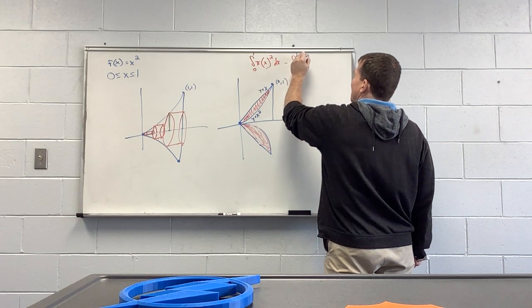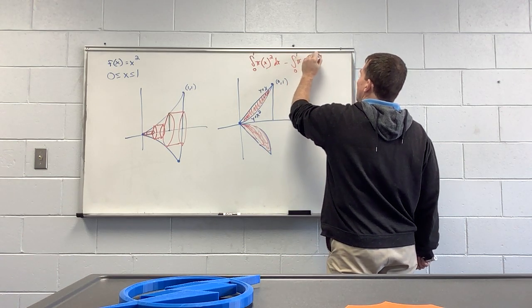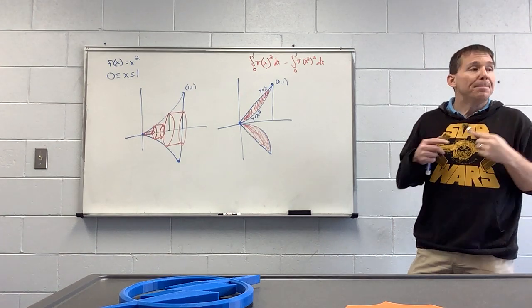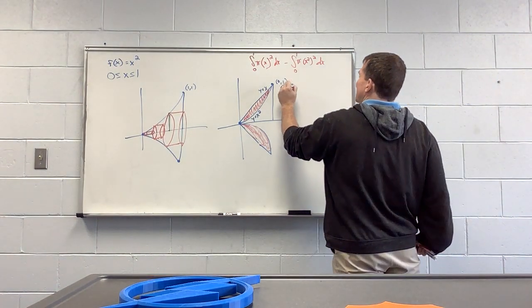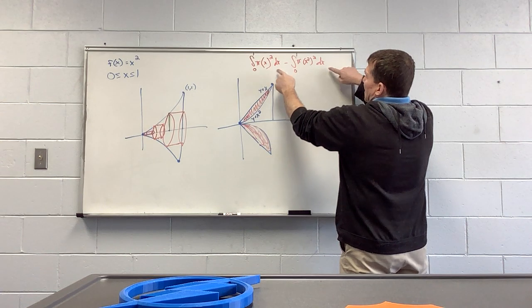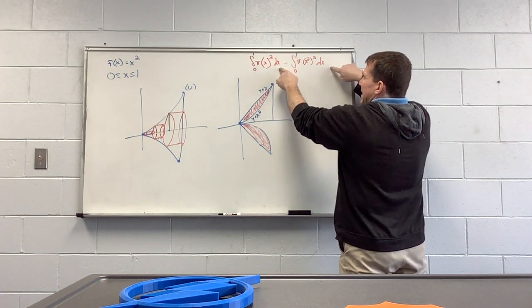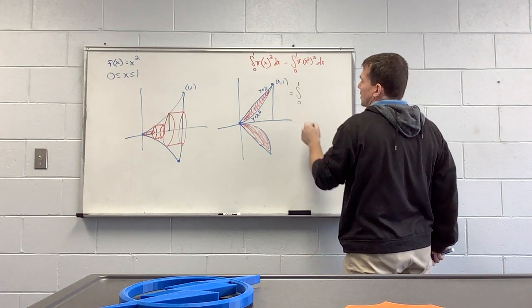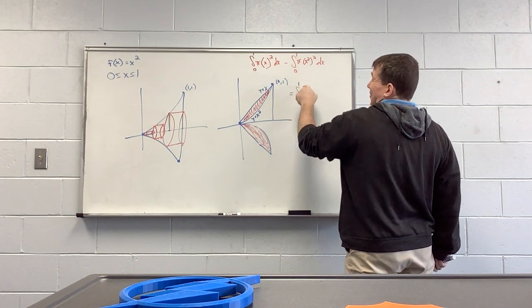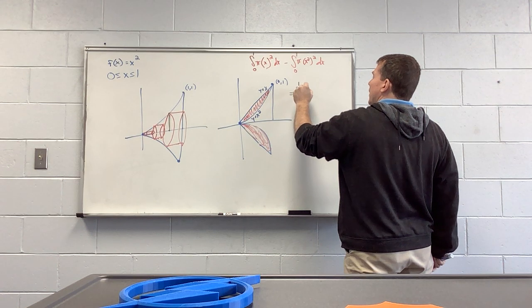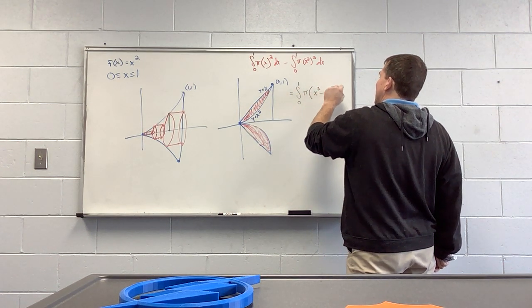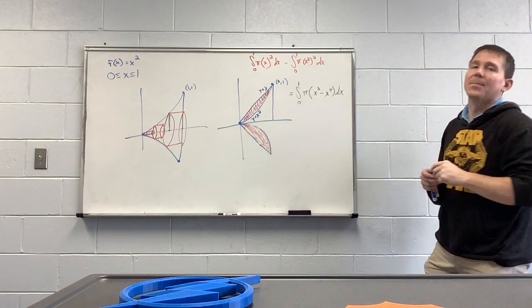Pi times the inner function is x squared dx. But then algebraically, to save myself some work, those are both integrals from 0 to 1 dx. They both have a pi. So I can write this as, what, a difference of integrals is the integral of the difference. The integral from 0 to 1 of pi times x squared minus x to the 4th dx.